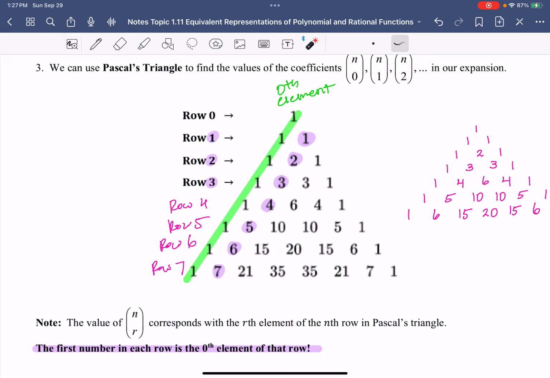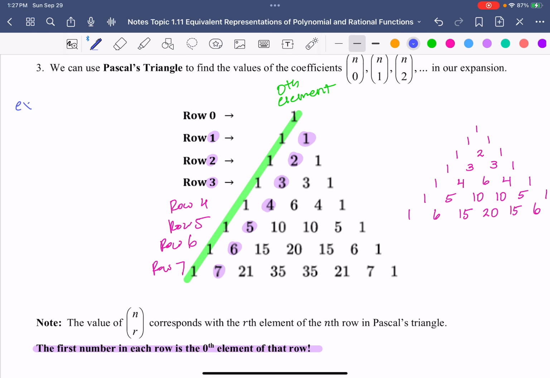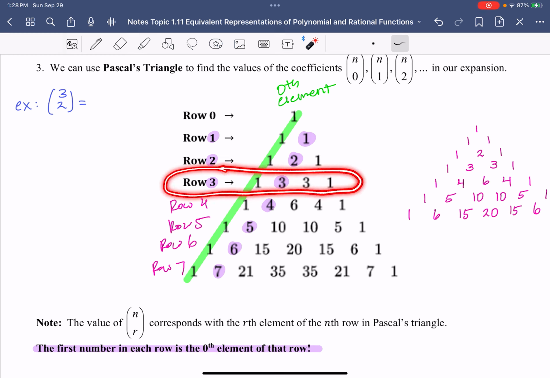Okay? So let's just do some examples. Let's say, for example, that I want you to find 3 choose 2. The first 3 tells you what row to look at. So I'm going to go look at row 3. And I need the second element, but you start counting at 0.